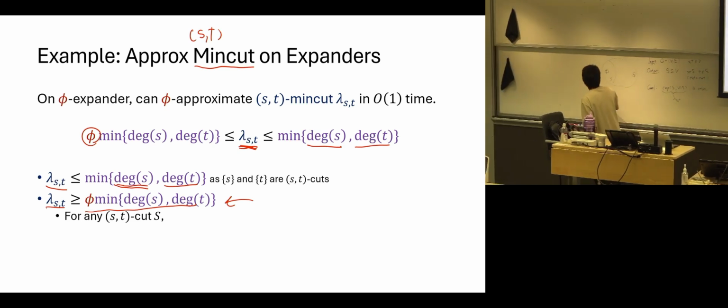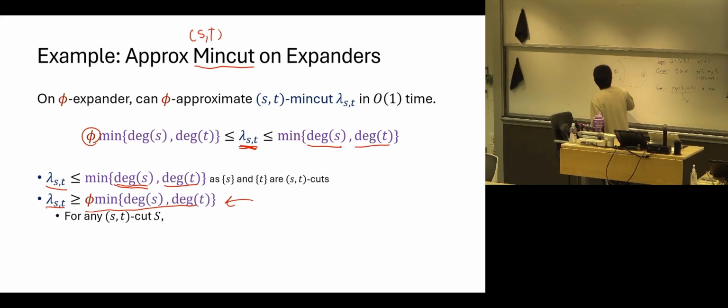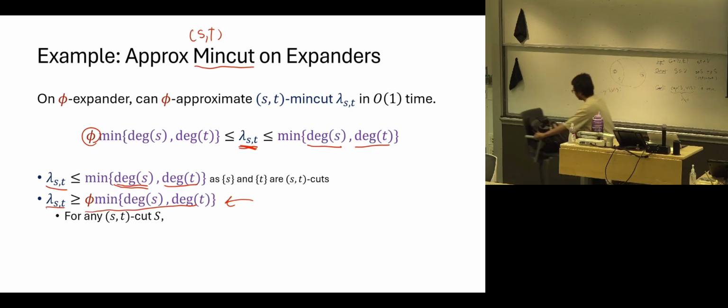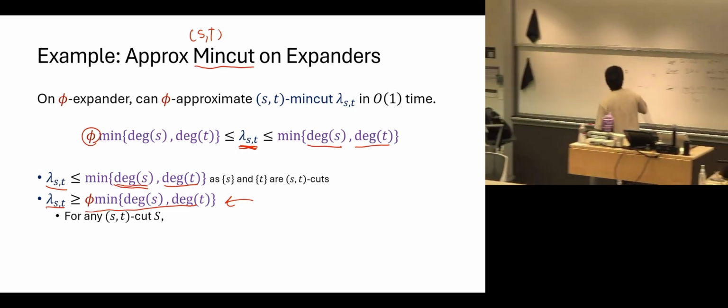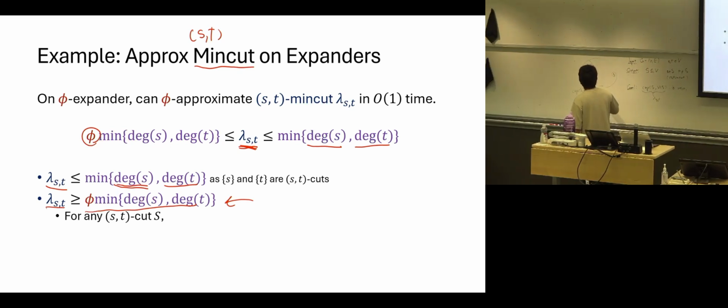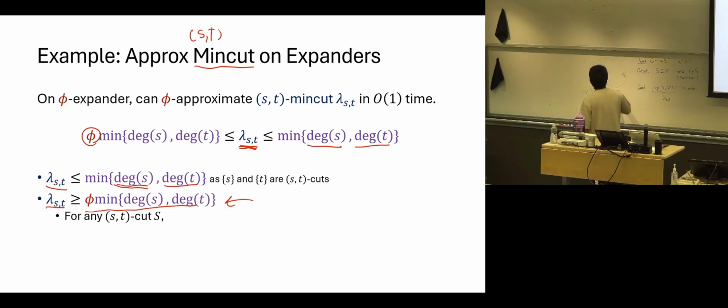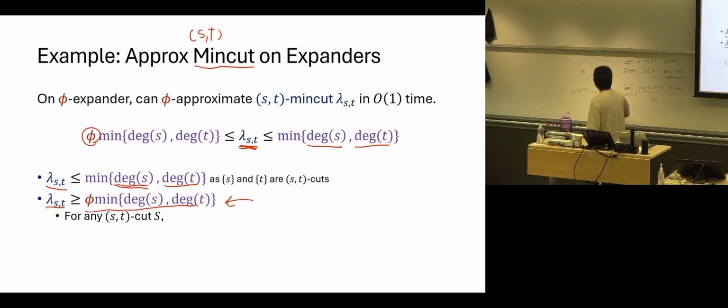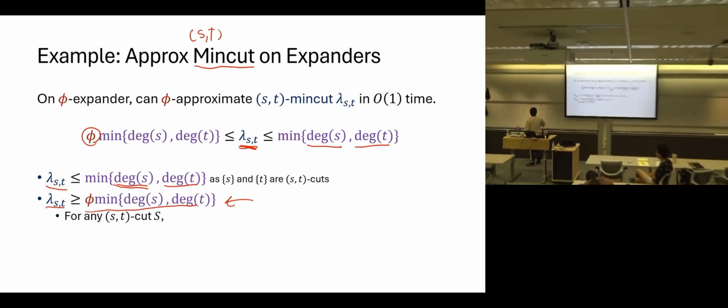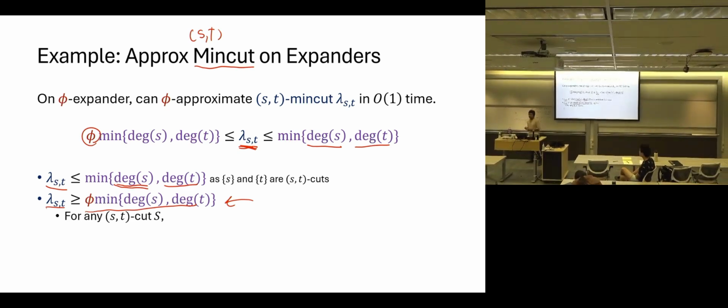So from the definition, this capacity is at least phi times the min of degree S and degree V minus S. But this thing contains S, so it's at least degree of S. This thing contains T, so this is at least degree of T. That's it.